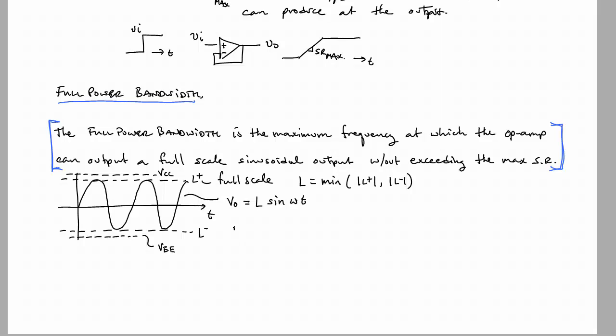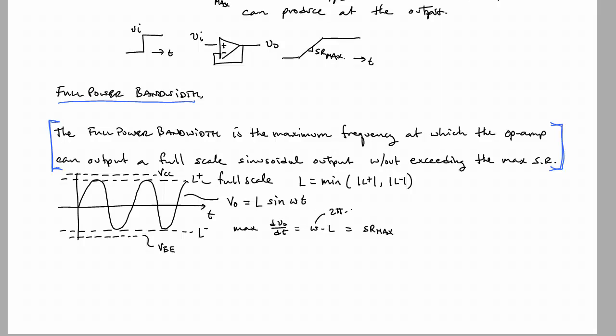Now the max dV/dt is going to be equal to omega times L. And we're wondering, how high can this frequency be such that that maximum slope will not exceed our maximum slew rate? And so we're going to set it equal to the maximum slew rate, and we will solve for this frequency.